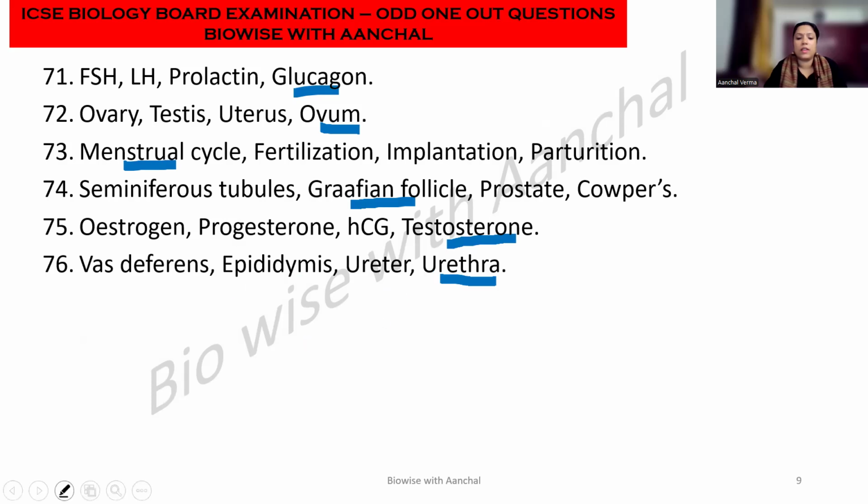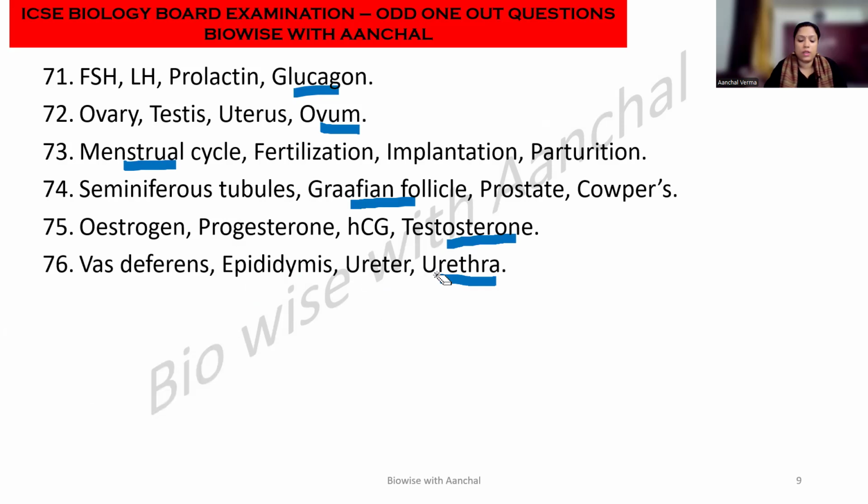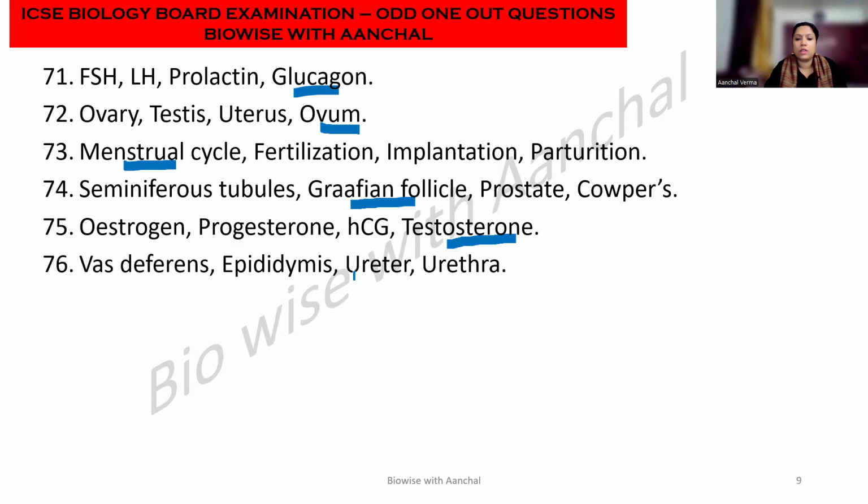Sorry, that is not the right answer. Here the answer should be ureter, because the ureter connects the kidney to the urinary bladder. But the rest are all components of the male reproductive system. So here the odd one out is ureter.